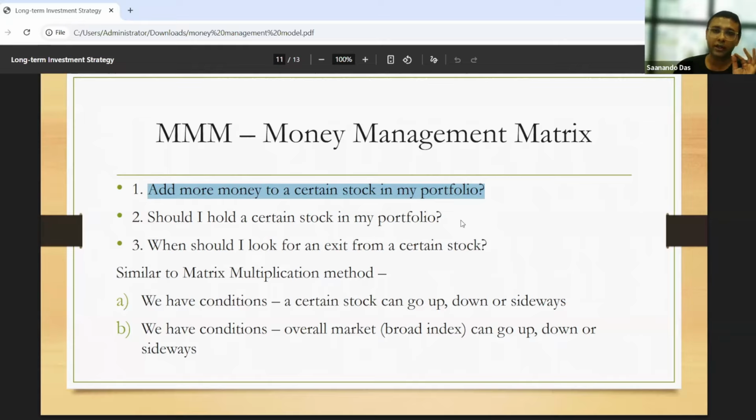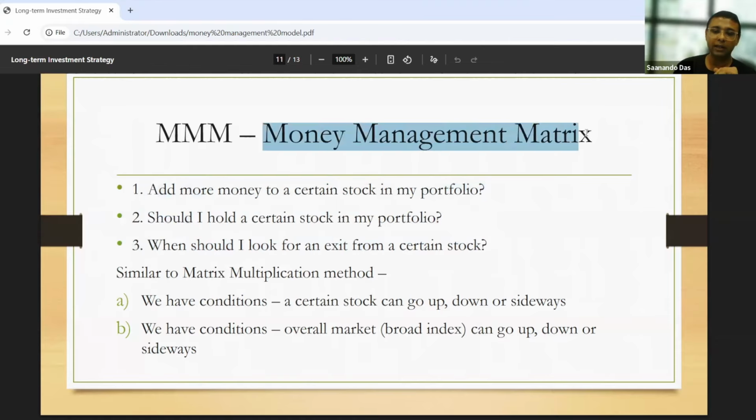Once a stock is selected in your portfolio, say Tata Invest, should you add more money to that stock? Should you hold that stock in your portfolio? When should you look for an exit from that particular stock? These 3 important questions will be answered by this money management matrix when I discuss this.